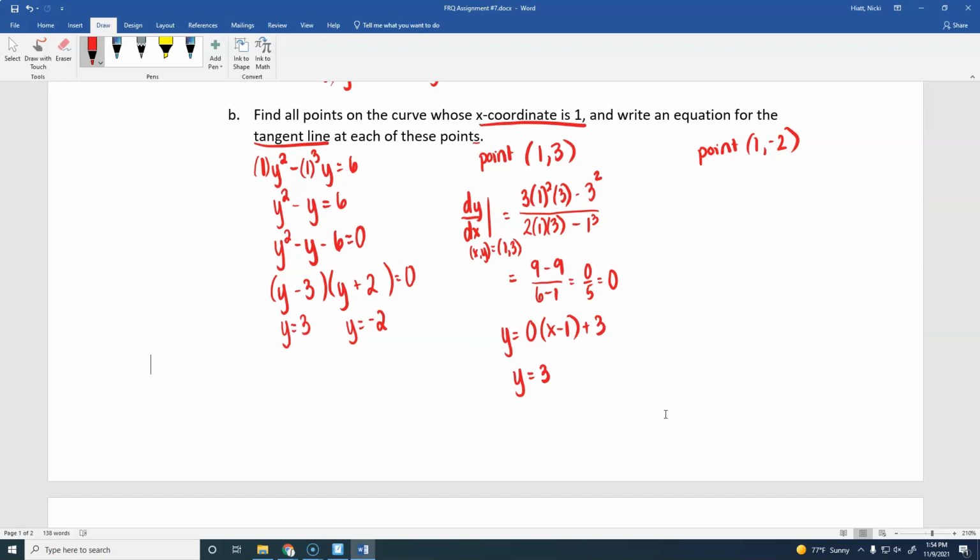You can leave it right here just like we would normally. It's just that 0 times that stuff is just going to be 0, so it's just going to be y equals 3. Or if you notice, obviously if it has a slope of 0, it's going to be a horizontal line, and horizontal lines have equations of y equals the number. It's going to be y equals that y-coordinate. You could do it that way too.